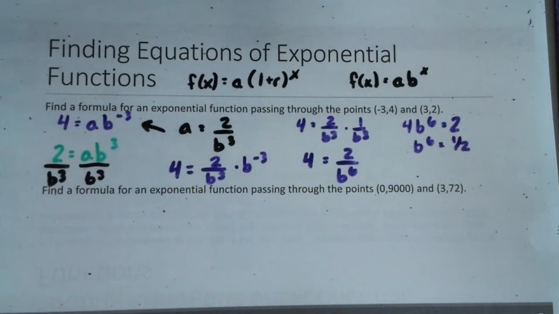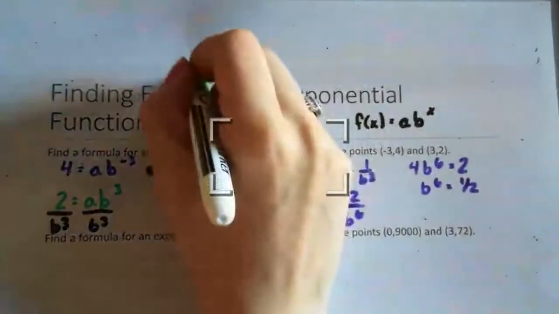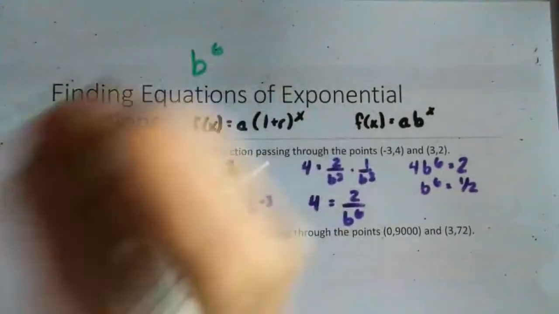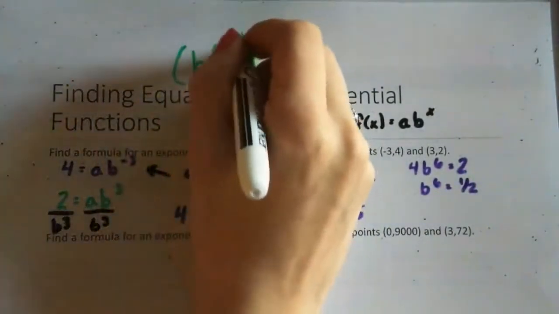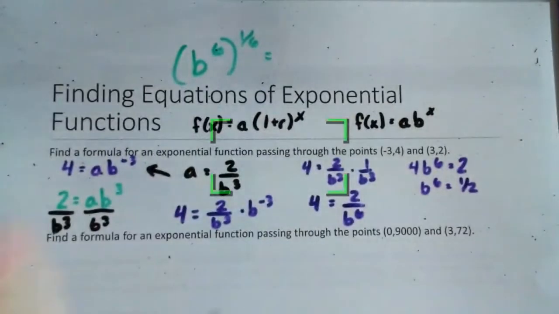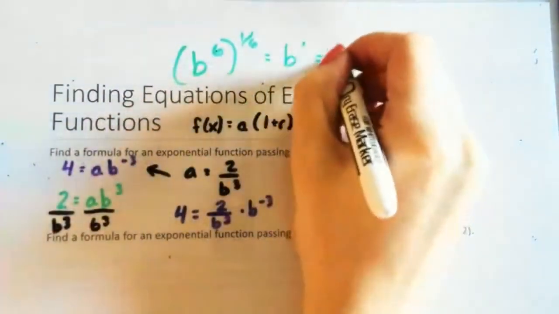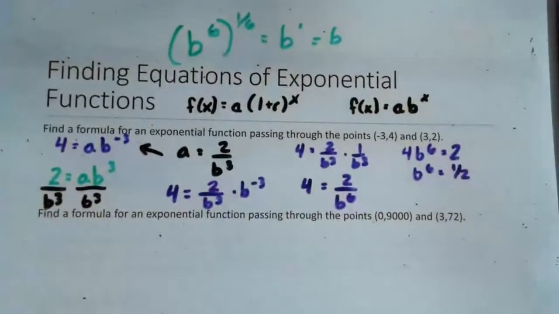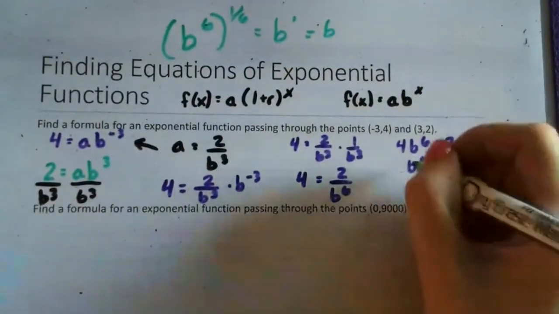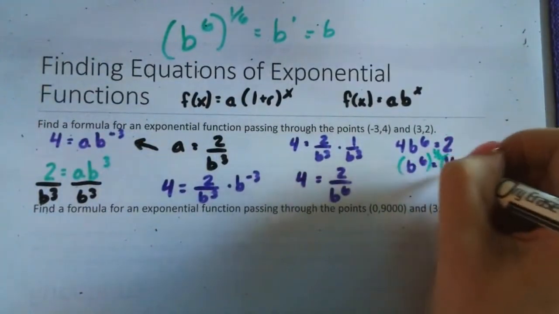The reason is that if I raise b^6 to the 1/6 power, I multiply exponents. 6 times 1/6 is 1, and b^1 is equal to b. So I will have b completely by itself if I raise both sides to the 1/6 power.